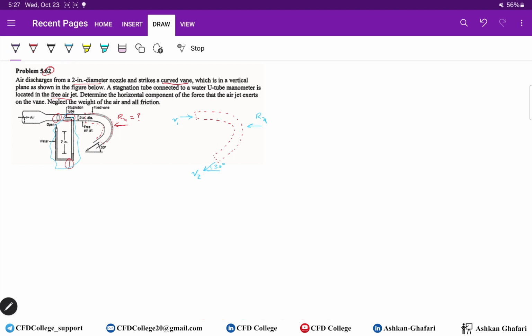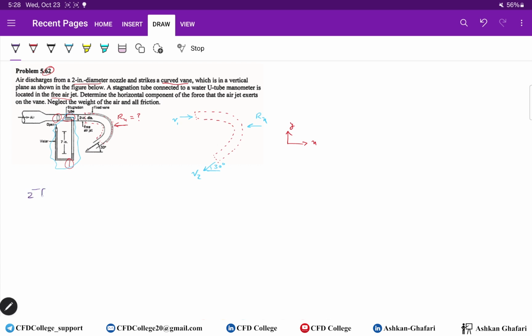So this was drawing the control volume and the forces. That was the first step. The second step is to define x and y axis like this. X is in the direction of the force, the horizontal force. And now we can solve the linear momentum equation.